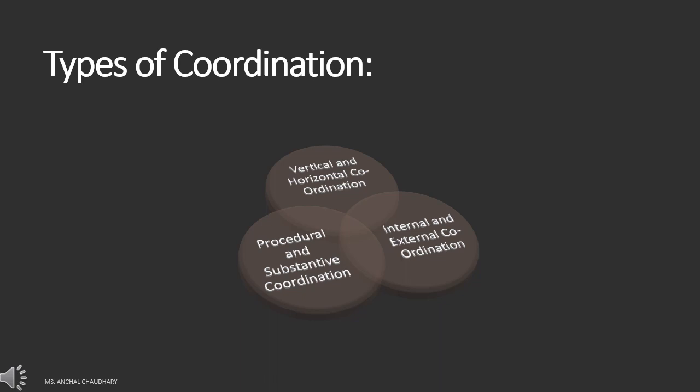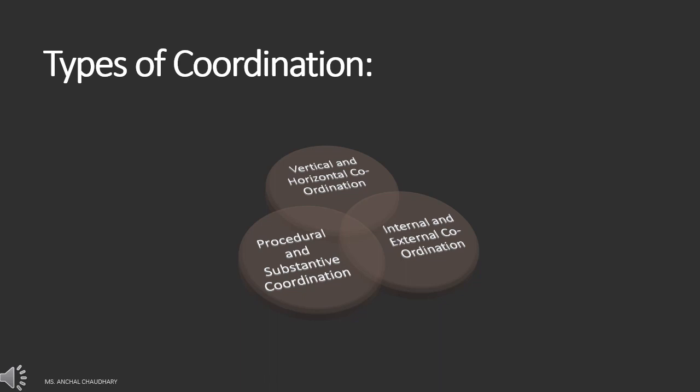Next is your internal and external coordination. Internal coordination is established between different departments and units of an organization. It is related with the internal activities and human efforts of an enterprise. It includes both vertical and horizontal coordination, but it will be limited to the organizational coordination only.